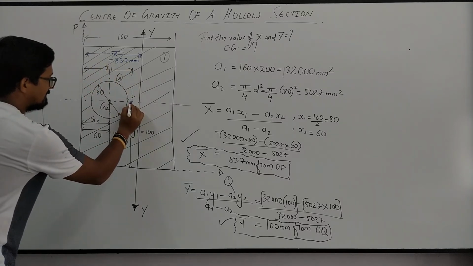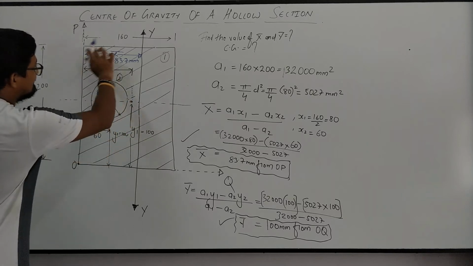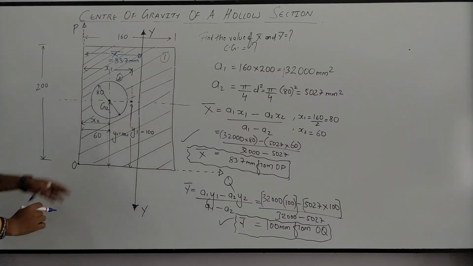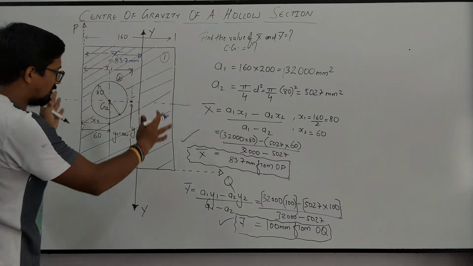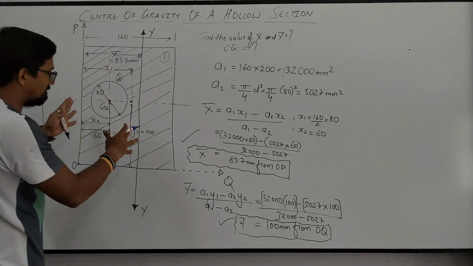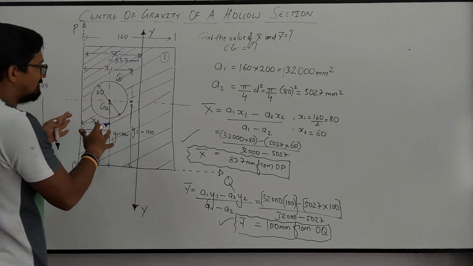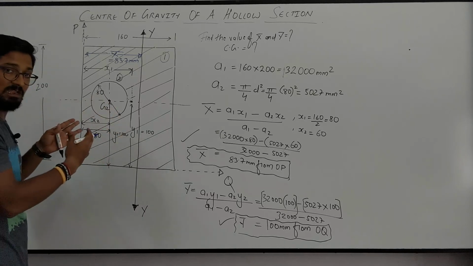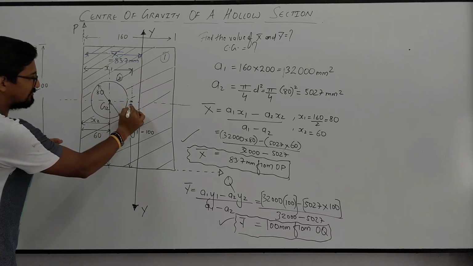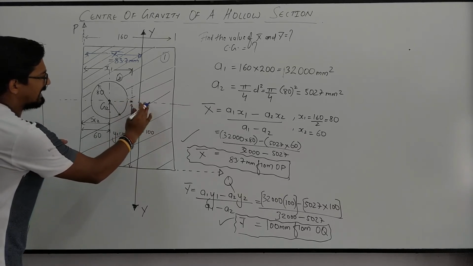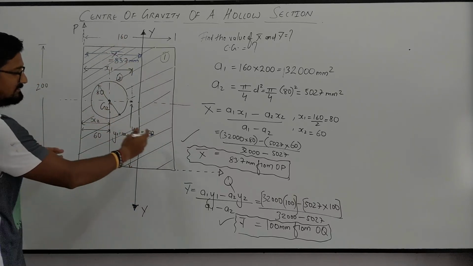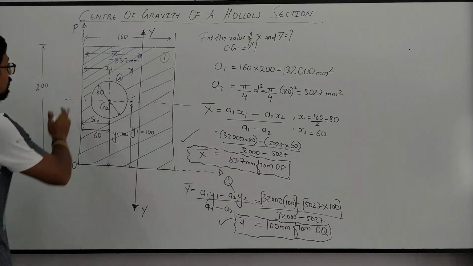Here it was up till 160 divided by 2, 80. So 83.7 is somewhat on the right side, correct? This is judgmental. We have to draw a very nice and neat figure for solving all this, otherwise it will become untidy and not presentable and you will be confused in finding the solution. So 83.7 mm will be somewhat to the right of 80. So I have judgmentally drawn this line of the y axis, meaning X bar 83.7 mm from OP.